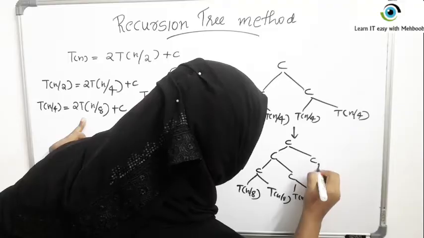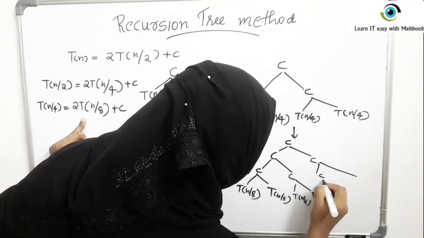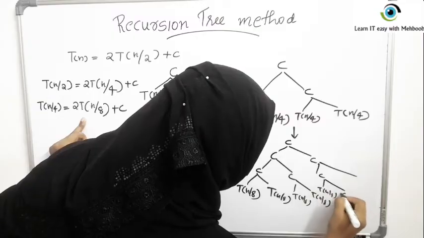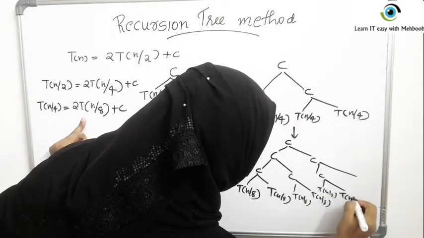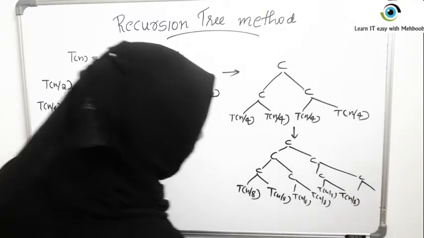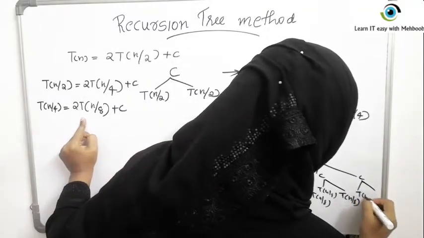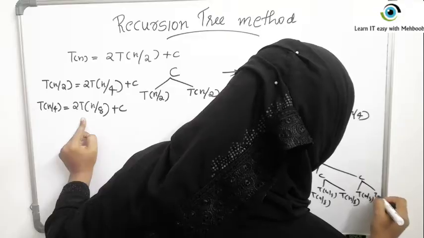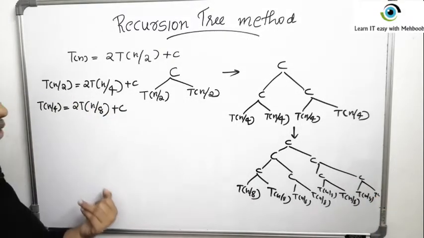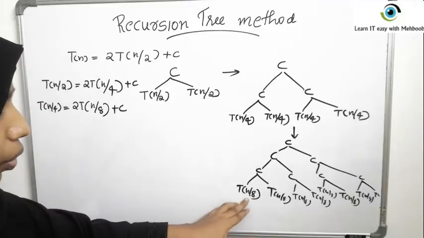Now for this c also, c, T(n/8), T(n/8), c, T(n/8), T(n/8), and it goes on like that. Okay, so this will be repeating at some point.